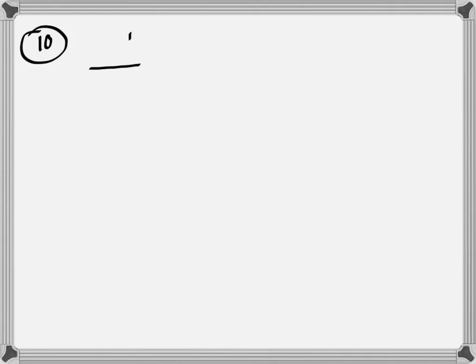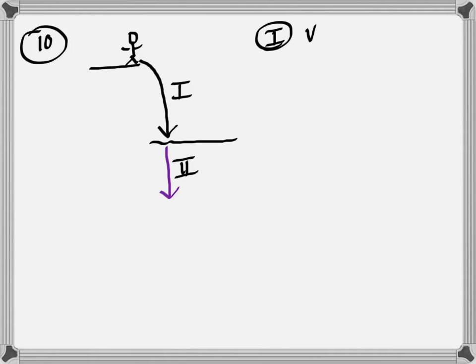In number 10, there are two cases. Case 1, the diver is a freely falling object. And then case 2, the person hits the water and stops after some time. So from case 1, initial velocity is 0 because the diver just jumps off, and a is 9.8.